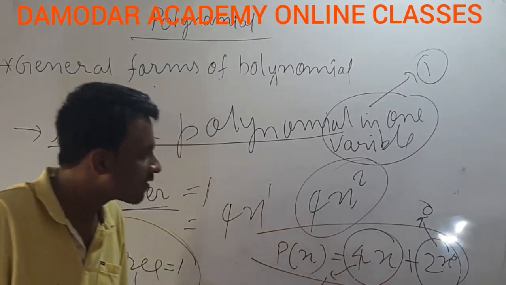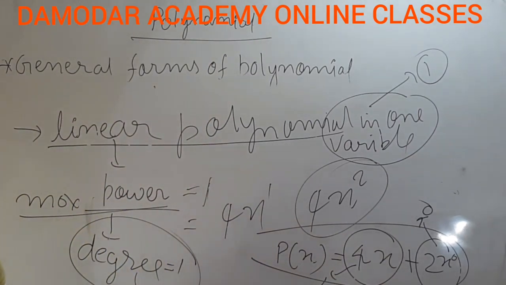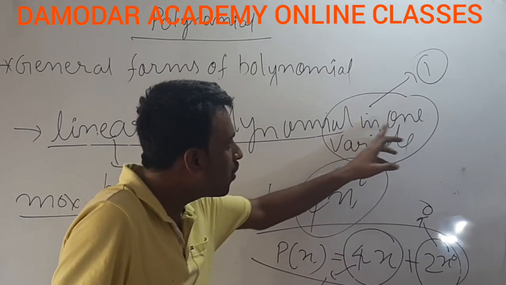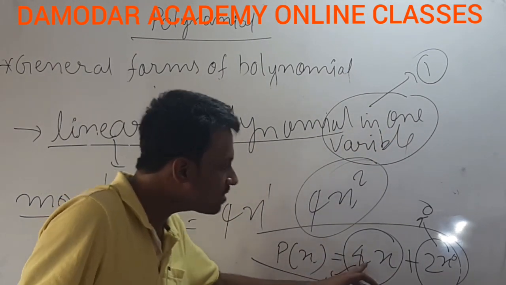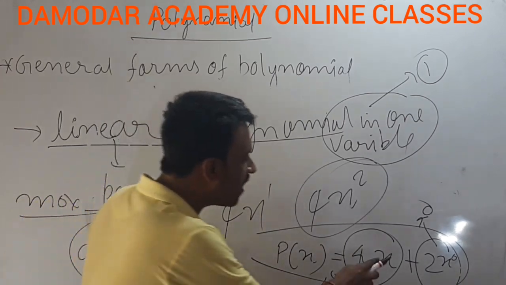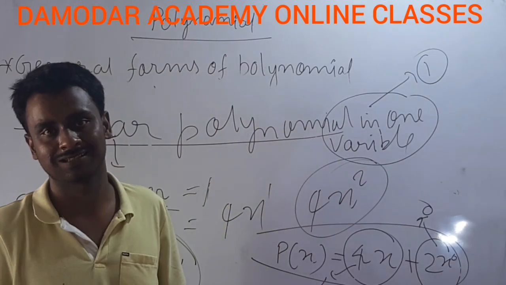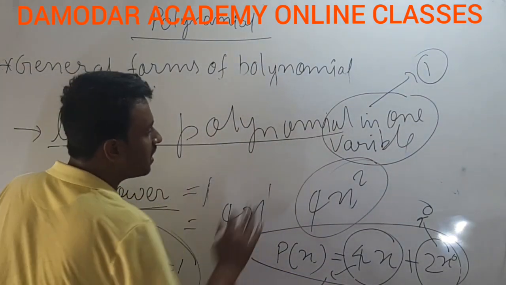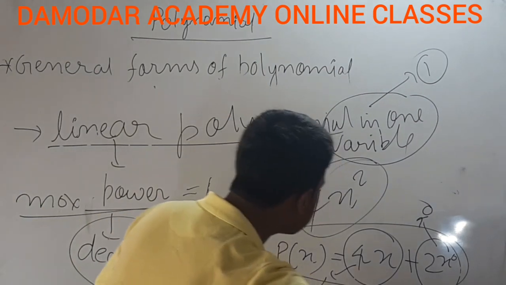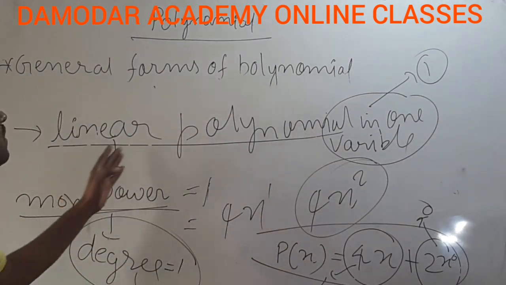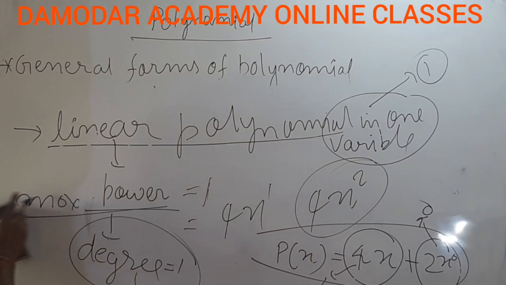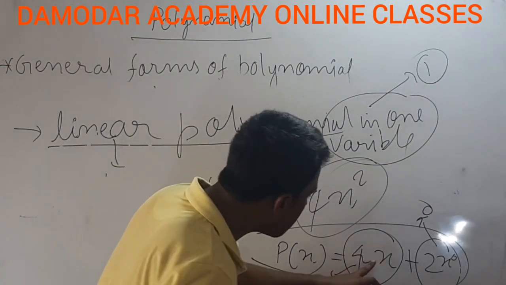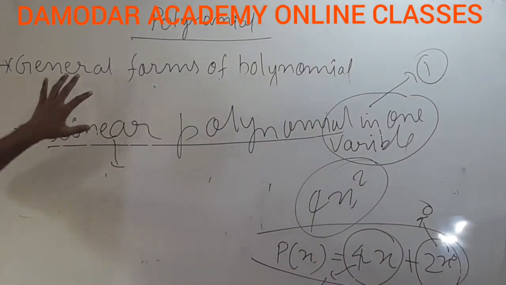This is the example of a linear polynomial, and in one variable, in this polynomial, the variable is only x. That means this polynomial is the example of linear polynomial in one variable. So, my dear student, this is the example of linear polynomial in one variable. Now, how can we write this polynomial in the general forms?